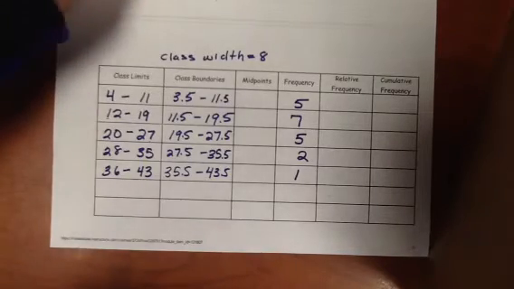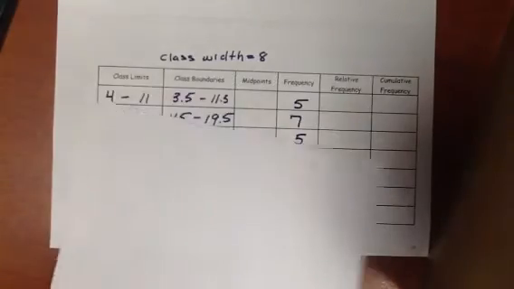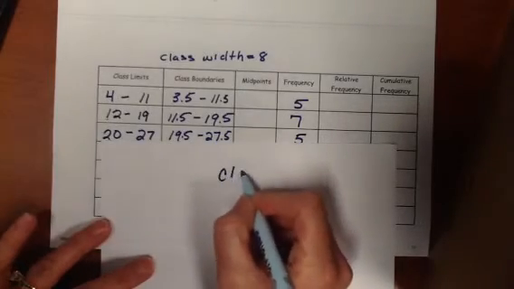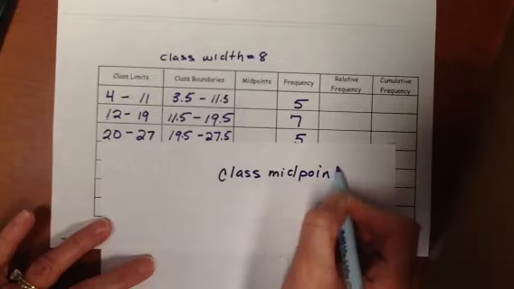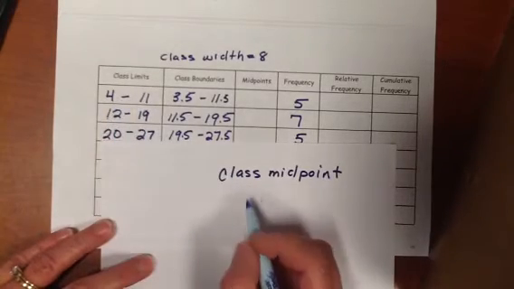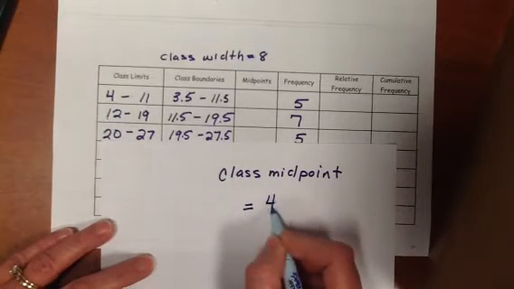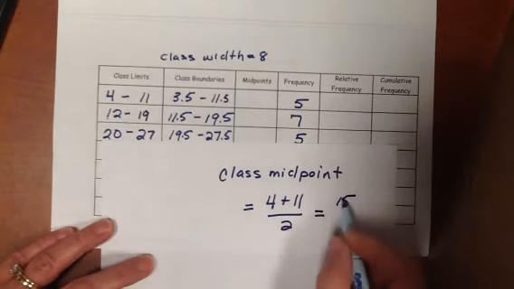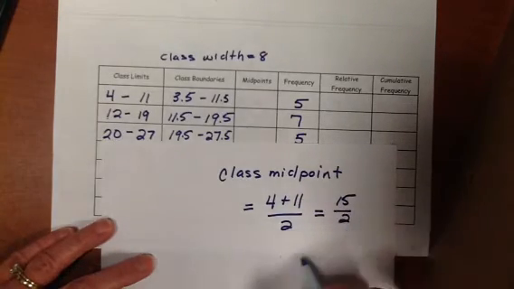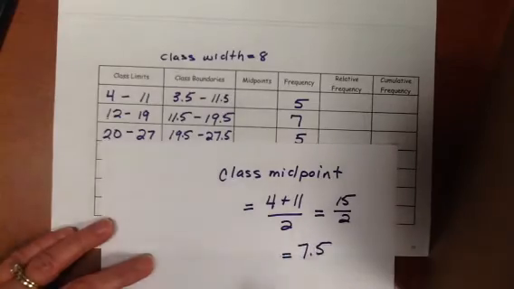For the midpoint, we're finding halfway between the lower and upper class limit. So we're going to add the limits together and divide by 2. So I have 15 divided by 2, which gives me 7.5.